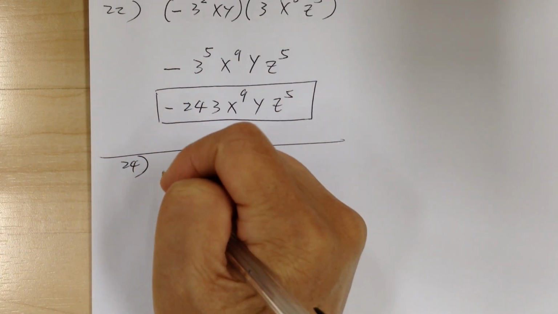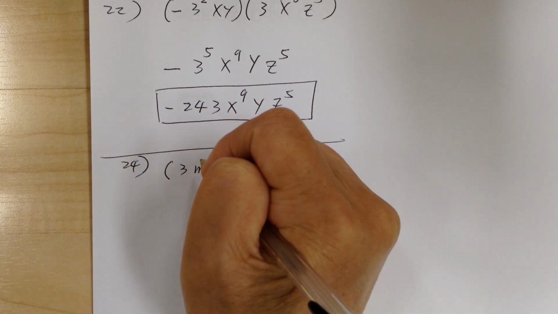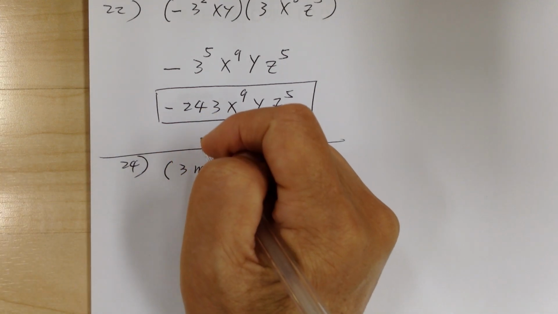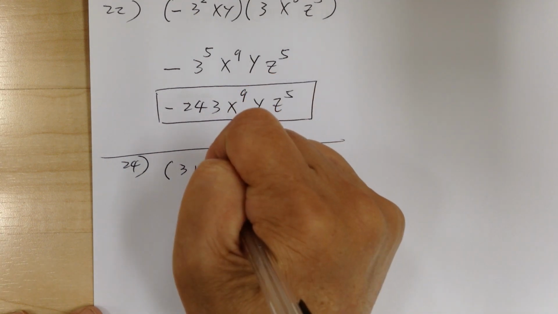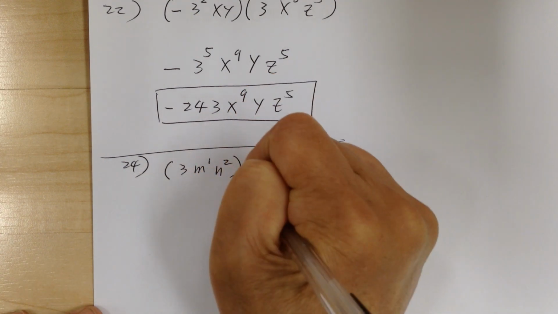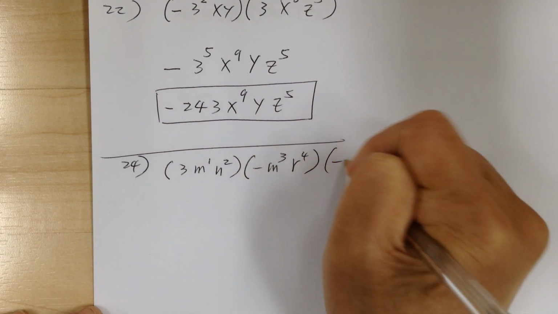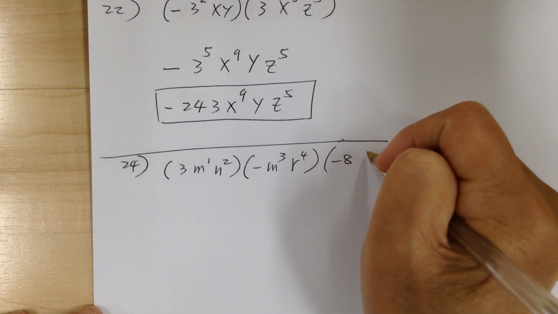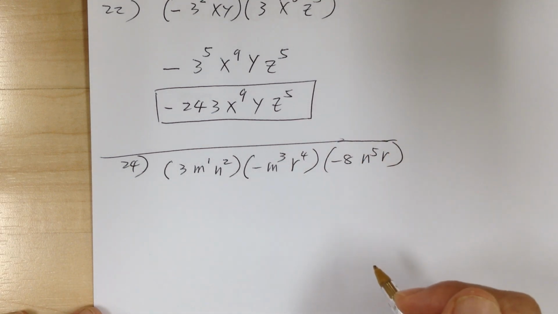Okay, 24. You have 3m, 1, and you got n squared times negative m to the 3, r to the 4, negative 8, n to the 5r. So again, let's do the sign first.